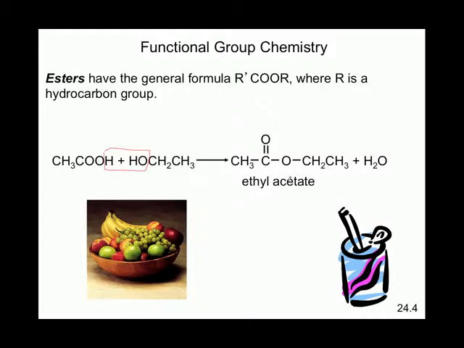Ethyl acetate is in a lot of different products. You smell that also in nail polish remover. And the odor of this is completely different from these two odors. This is completely different too. So again, esters, the pleasant odor of fruits and flowers. And here's the group right in the middle here.